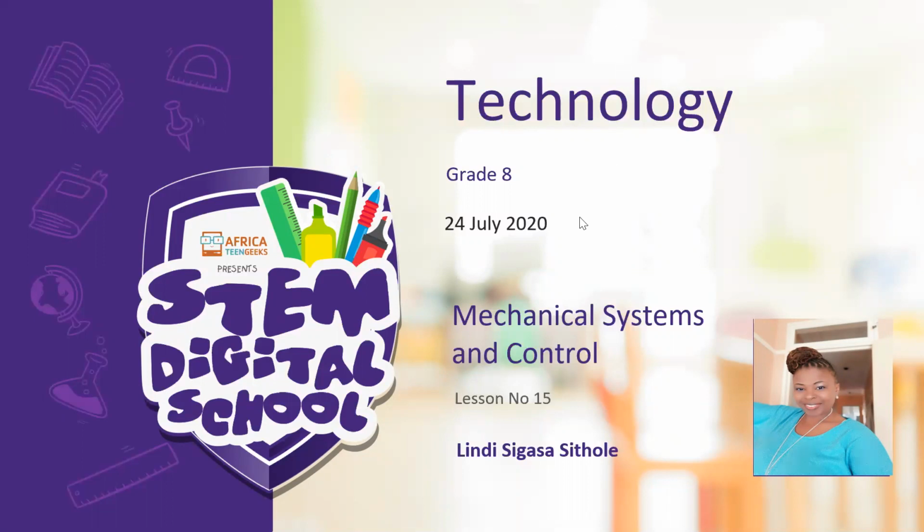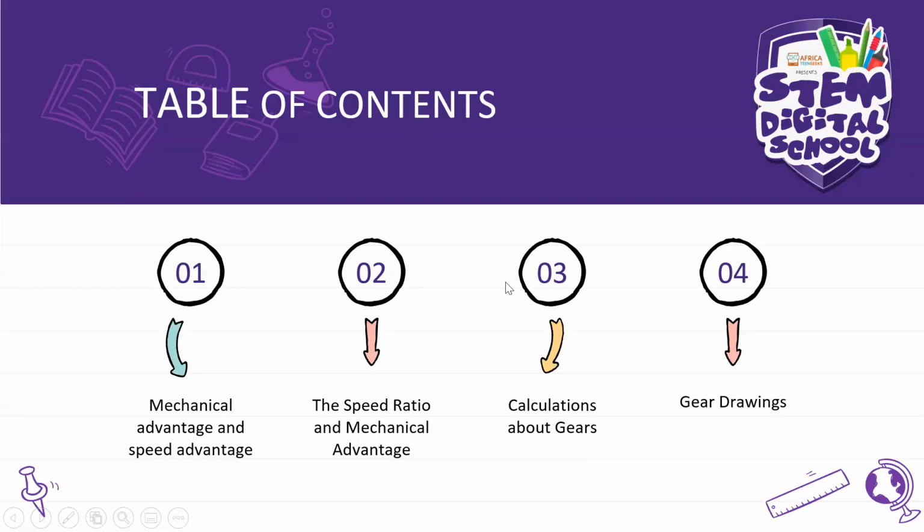Welcome to this lesson for today. We are doing mechanical systems and control. We are doing the mechanical advantage and speed advantage, the speed ratio and mechanical advantage. Then we'll do calculations and gear drawings.